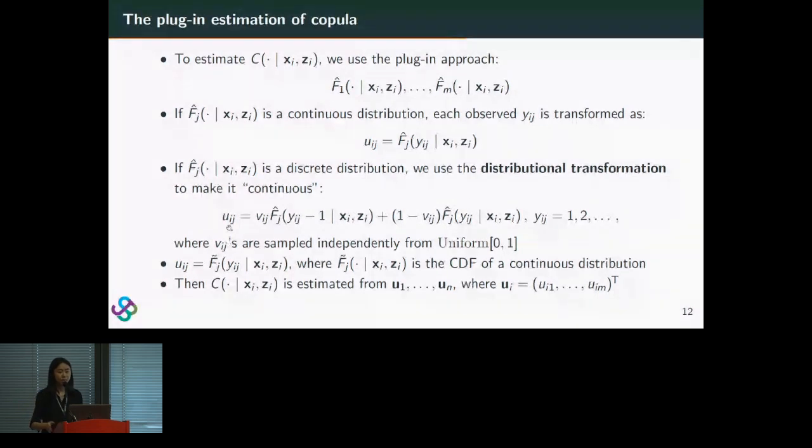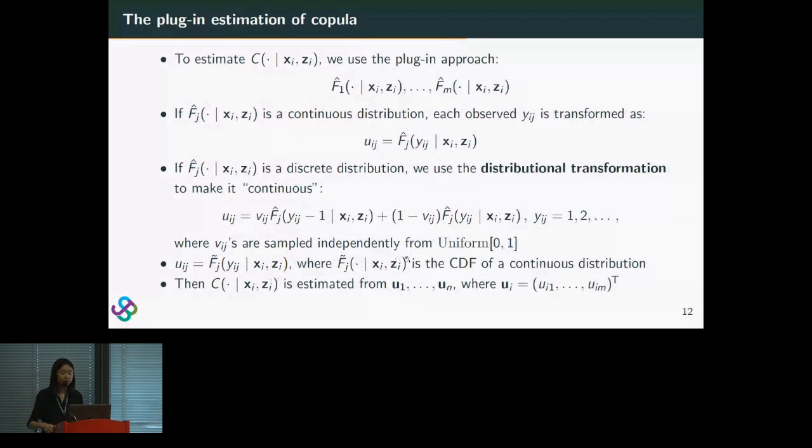Then this U_ij becomes uniform 0 to 1. And then we apply this Gaussian copula to those uniform random variables to estimate the Gaussian copula correlation matrix.